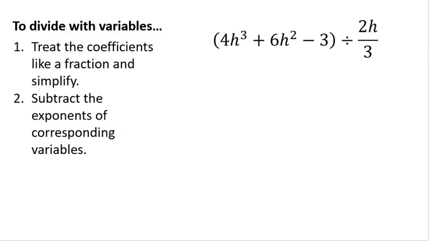All right, let's try this one. Same thing. We're going to rewrite what's in the top. And then on the bottom, we're going to have this 2h divided by 3.